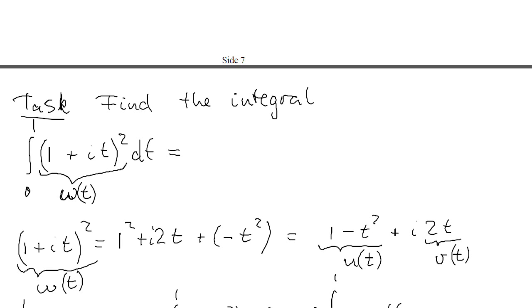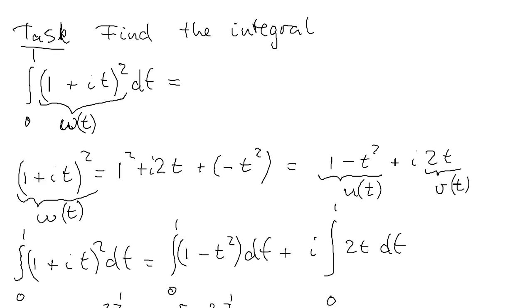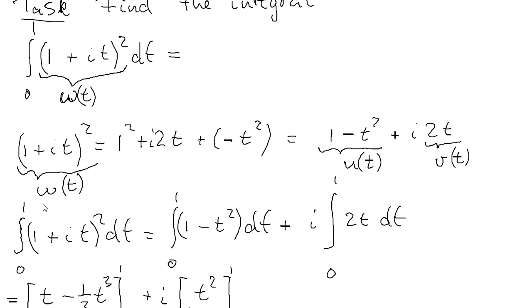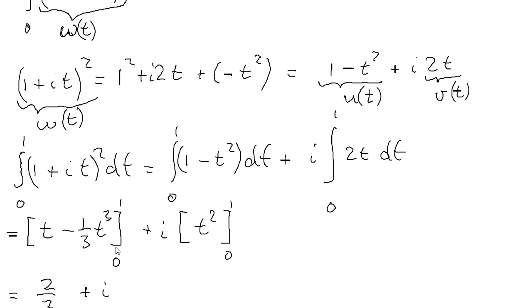So now we can integrate u of t and v of t. U of t is this. It's easy to find the antiderivative of 1, for example, it's t. The antiderivative of t square is 1/3 t to the power of 3, which we have here. And we have to use these limits 0 and 1.